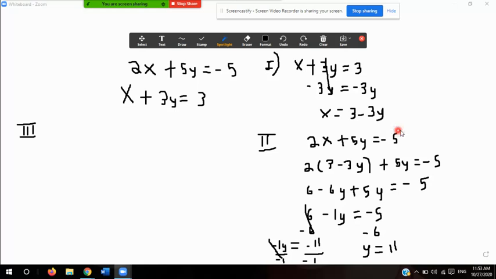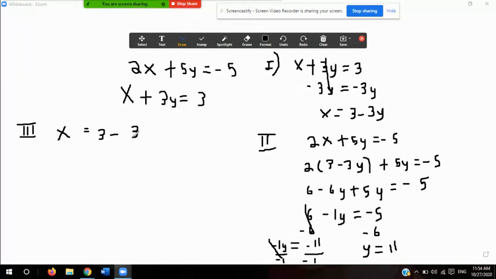So basically, x equals 3 minus 3y, where y is 11. So that's going to be x equals 3 minus 3 times 11, and 3 times 11 is 33. So x is going to equal 3 minus 33. Again, I just plugged in the numbers, and I bring down the 3, and 3 times 11 is 33.